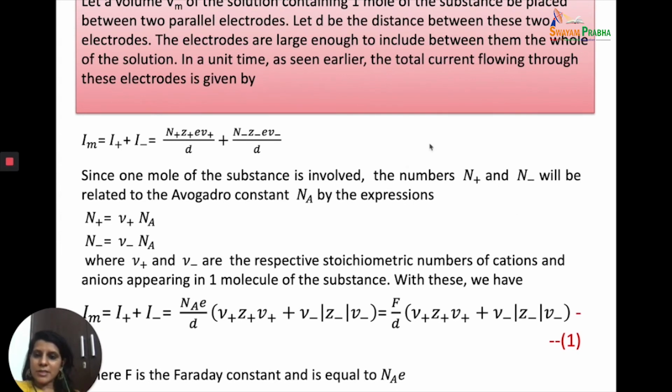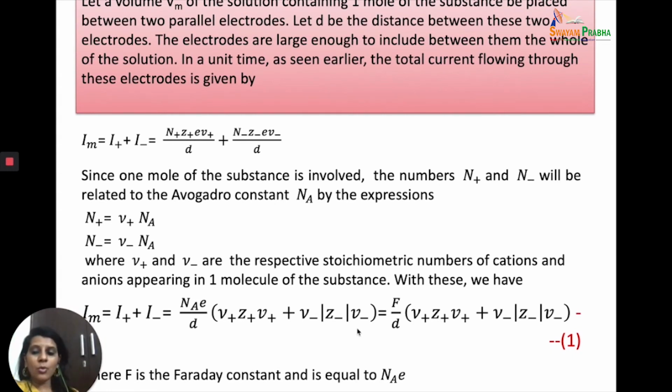Now let's solve this. I is equal to I plus I minus. Because N plus is nu plus into Na and N minus is nu minus into Na, substituting into this equation we get NaE upon D, multiplied by nu plus Z plus V plus, plus nu minus Z minus V minus.